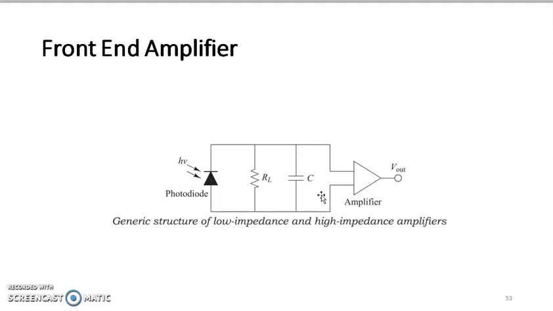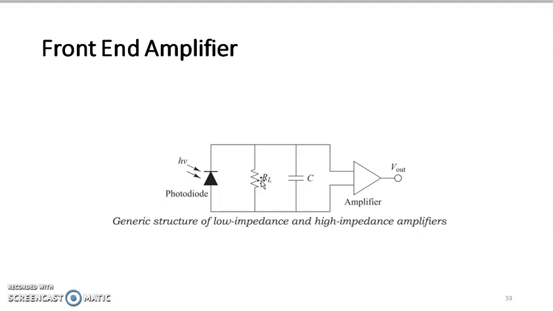So the total preamplifier impedance RL is RA parallel to RB. Now in this low impedance amplifier, the value of RL is low, so that's why it is called a low impedance preamplifier.